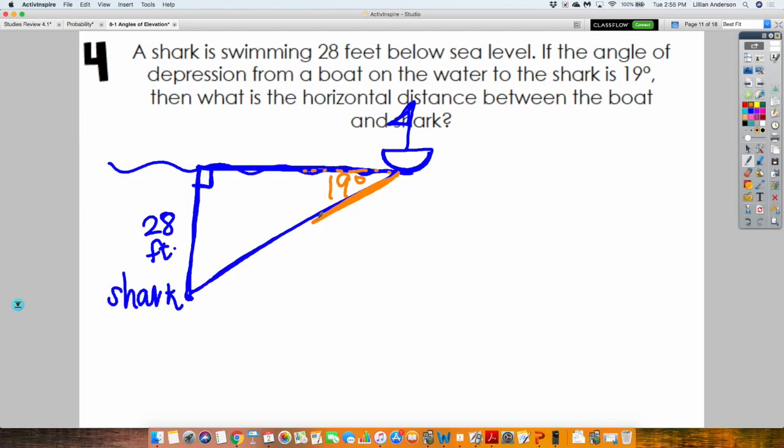And it's asking me what's the horizontal distance between the boat and the shark. What's going to be x? We're trying to find that horizontal line. The horizontal distance.